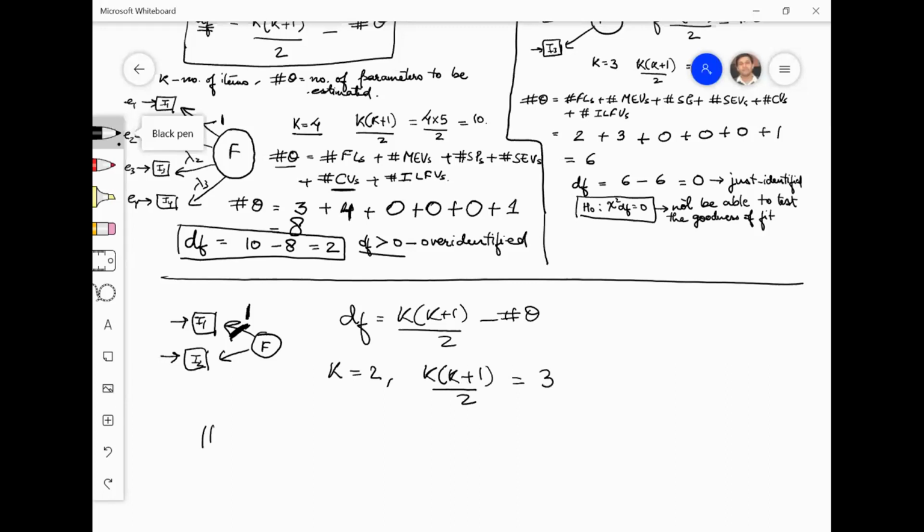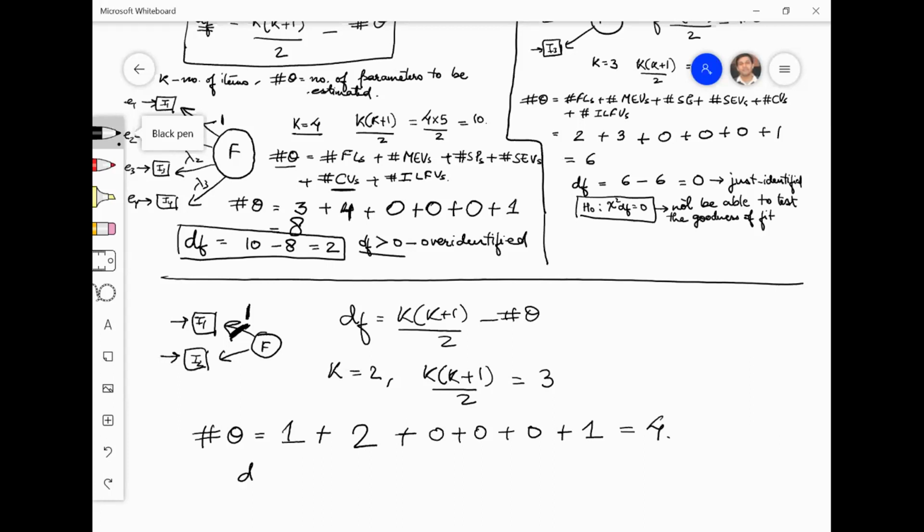Now, what is hash theta? Number of factor loadings, 1. Number of measurement errors, 2. Number of structural paths, 0. Number of structural errors, 0. Number of covariances, 0. And number of independent latent factors is 1.